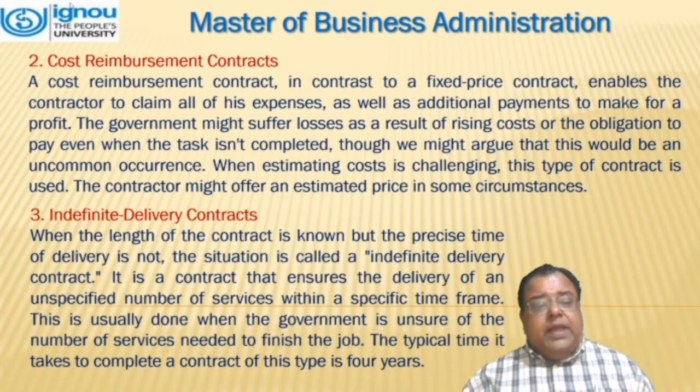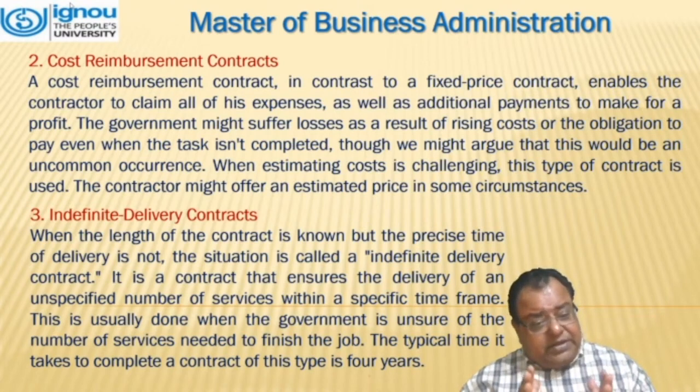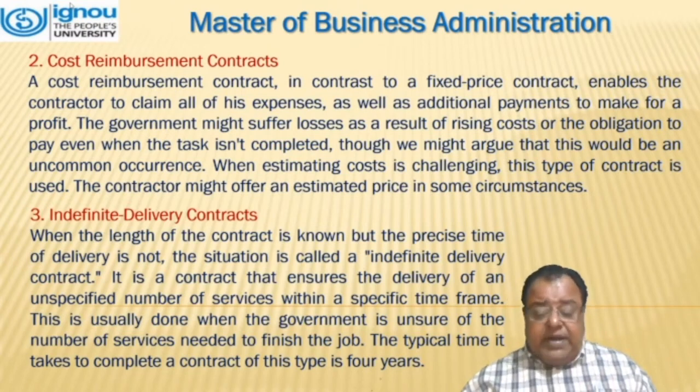Third case is indefinite delivery contracts. When the length of the contract is known, but the precise time of delivery is not, the situation is called an indefinite delivery contract. It is a contract that ensures the delivery of an unspecified number of services within a specific time frame. This is usually done when the government is unsure of the number of services needed to finish the job.